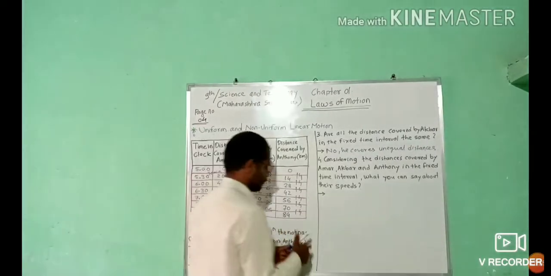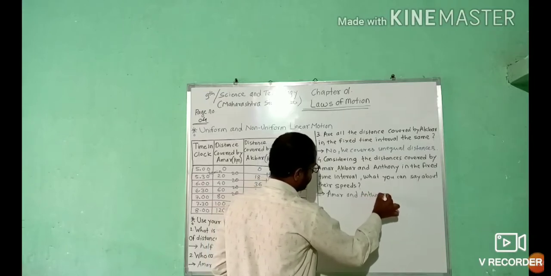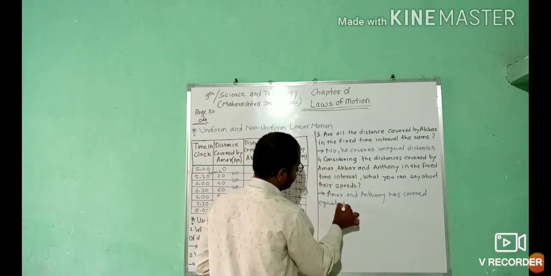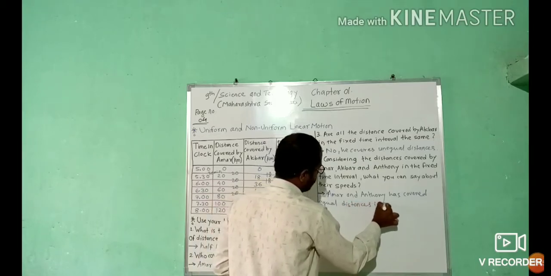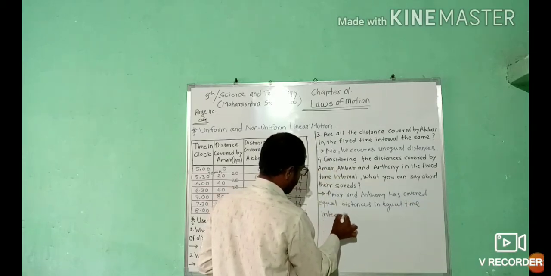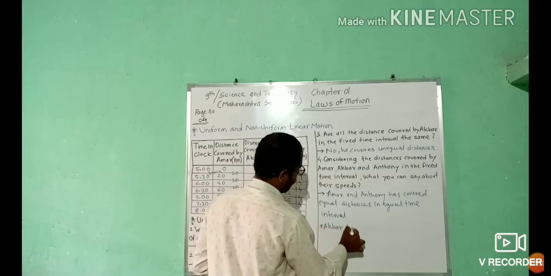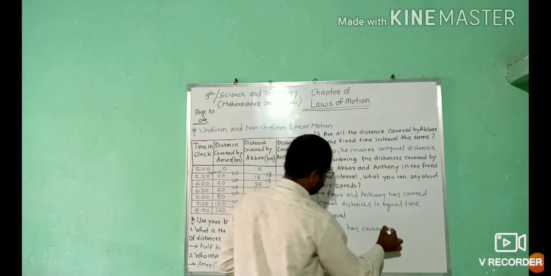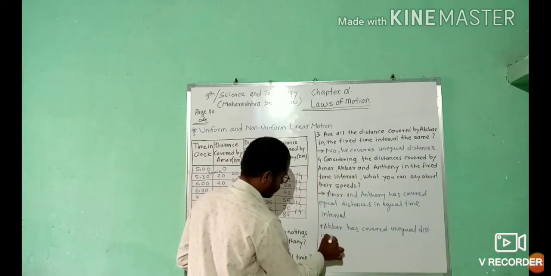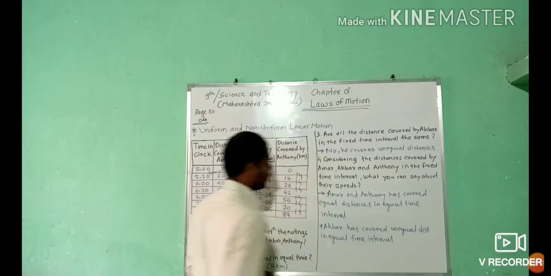So what you can say is that Amar and Anthony have covered equal distances in equal time intervals, and Akbar covered unequal distances in equal time intervals.